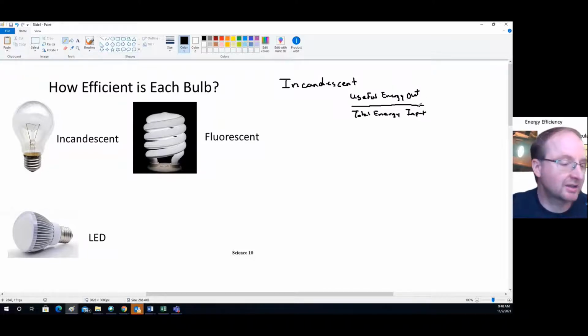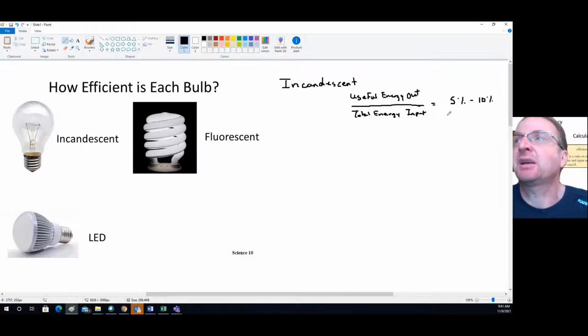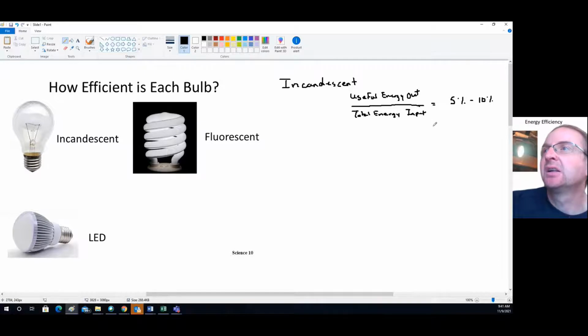In fact, incandescent bulbs are terrible. When you look at their useful energy output, in other words, the light that they give off, over the total energy you're putting into them, they're only between 5% and 10% efficient. Most of the energy going into an incandescent light bulb is given off as heat.